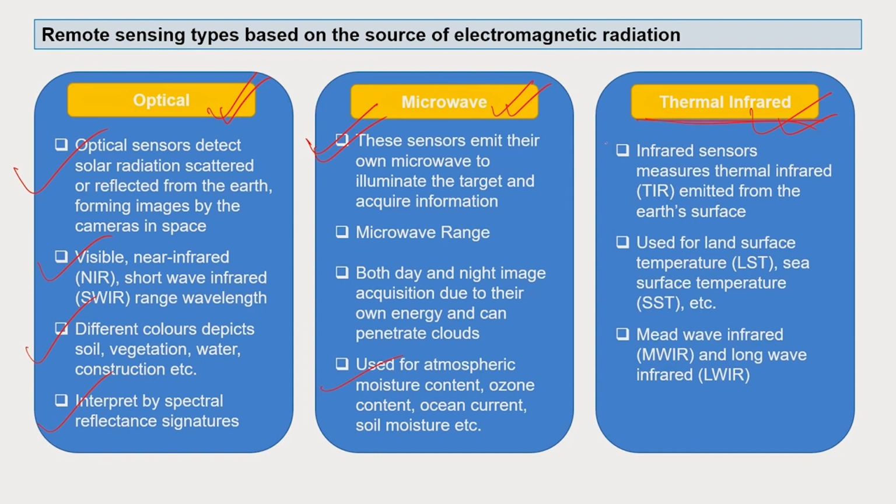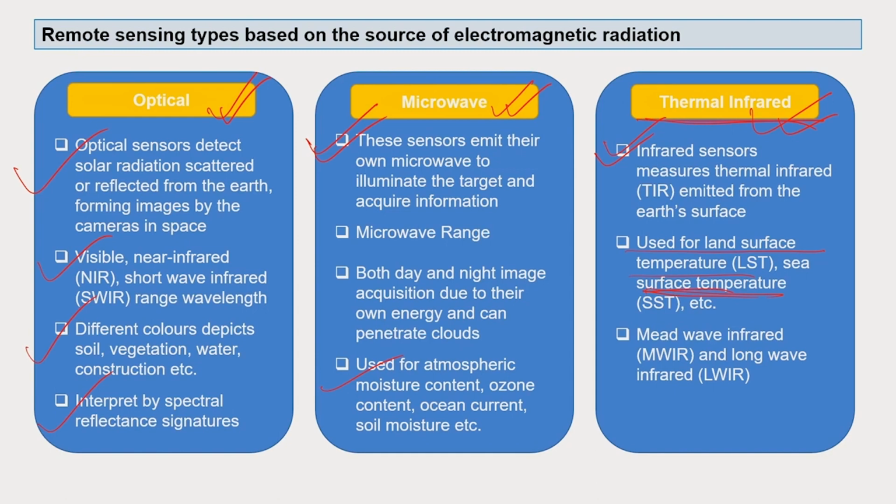Thermal infrared sensors measure thermal infrared radiation emitted from the earth's surface, and this information is used for land surface temperature and sea surface temperature, because the signals coming from the surface in the form of thermal infrared radiation can be used to measure them.